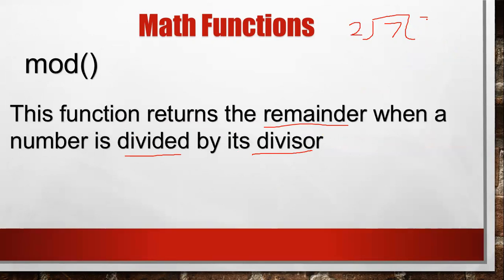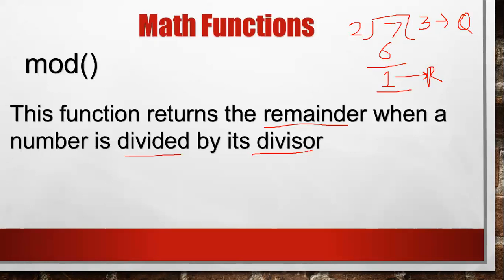So 3 twos are 6, and we will get the remainder as 1. In this calculation, if you are not going into the decimal part, then this 3 is called the quotient and this 1 is called the remainder. So the mod function will help us to find the remainder.